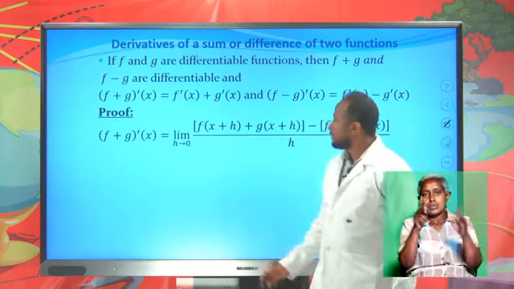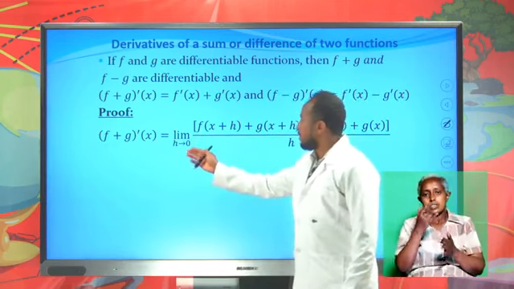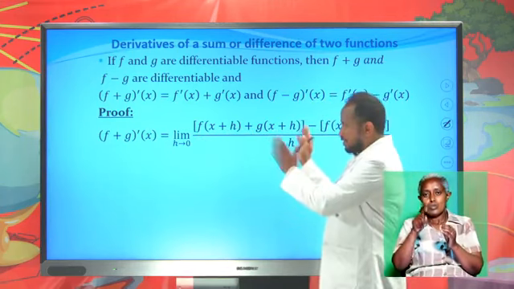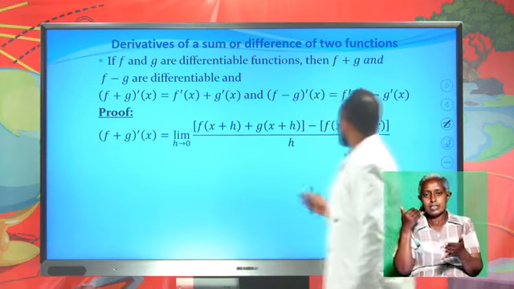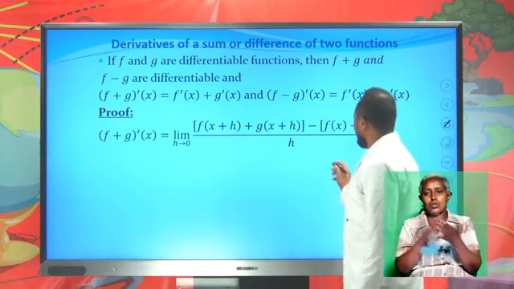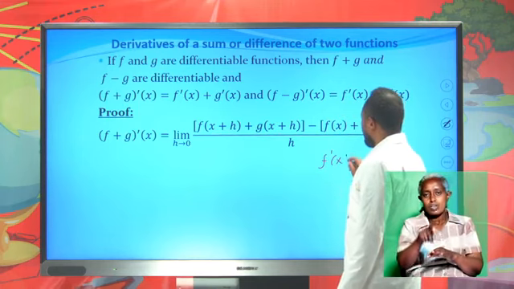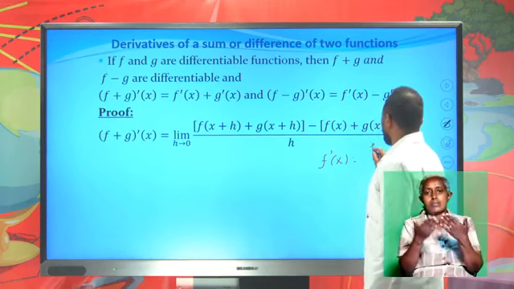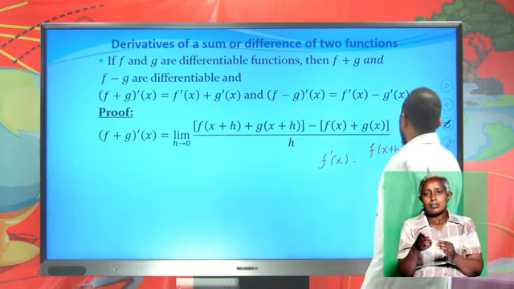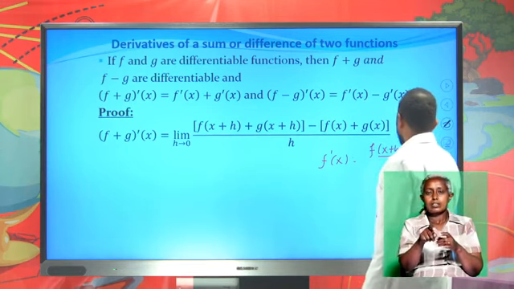Look at this one. The derivative of f plus g of x means it is the limit of f of x plus h plus g of x plus h minus f of x plus g of x over h, where h goes to 0. I hope you remember this one. The derivative of a given function f of x is given by the limit as h goes to 0 of f of x plus h minus f of x over h.